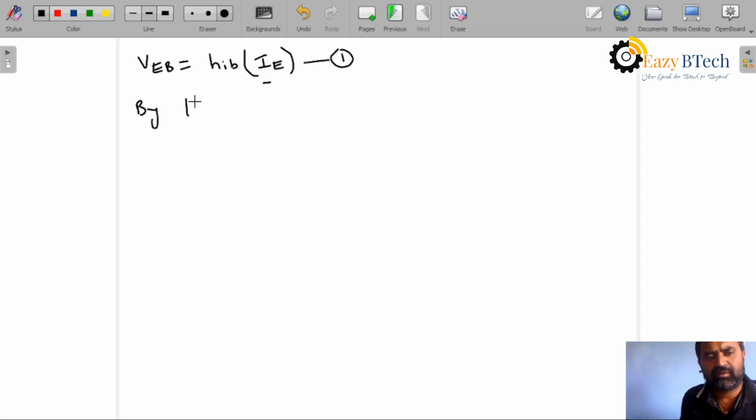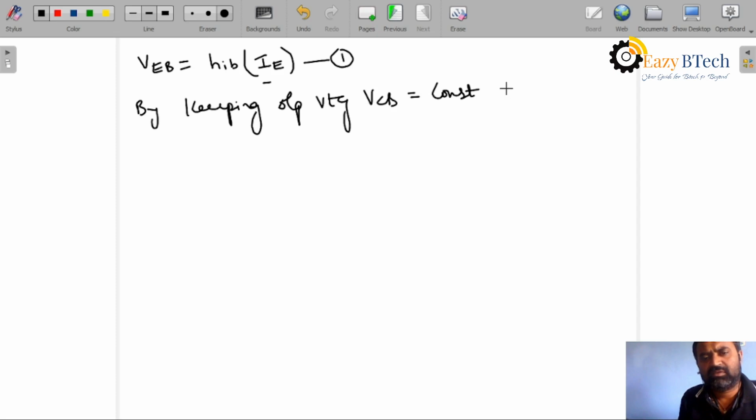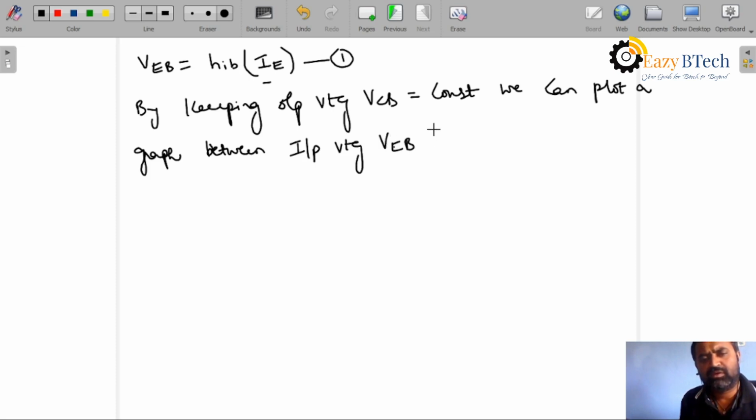By keeping output voltage VCB constant, we can plot a graph between input voltage VEB versus input current IE.